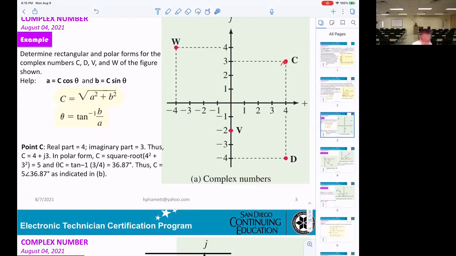Now in polar, C will be the square root of 4 squared plus 3 squared, equal to 5, and the phase angle is tan inverse of 3 divided by 4, which is 36.87. So in the polar form, C equals 5 angle 36.87. Right or wrong? Correct?